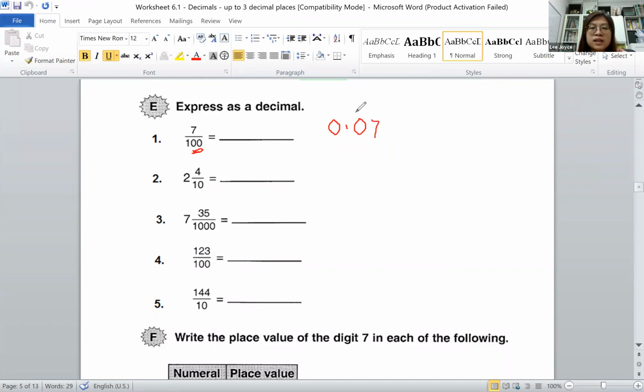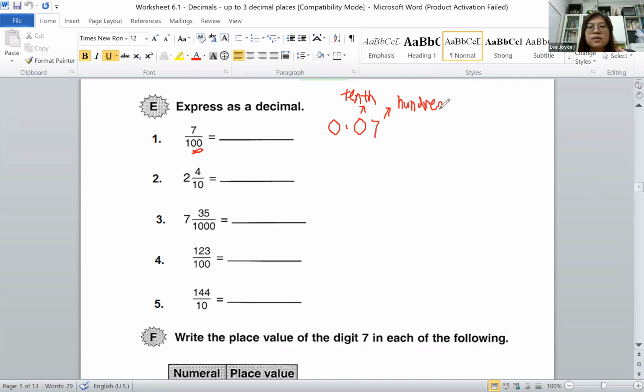Why? Because each of these digits after the decimal point represents a place value. See, like this one is the tenth, T, E, N, T, H. And this represents the hundredth. So what do we mean by tenth and hundredth?